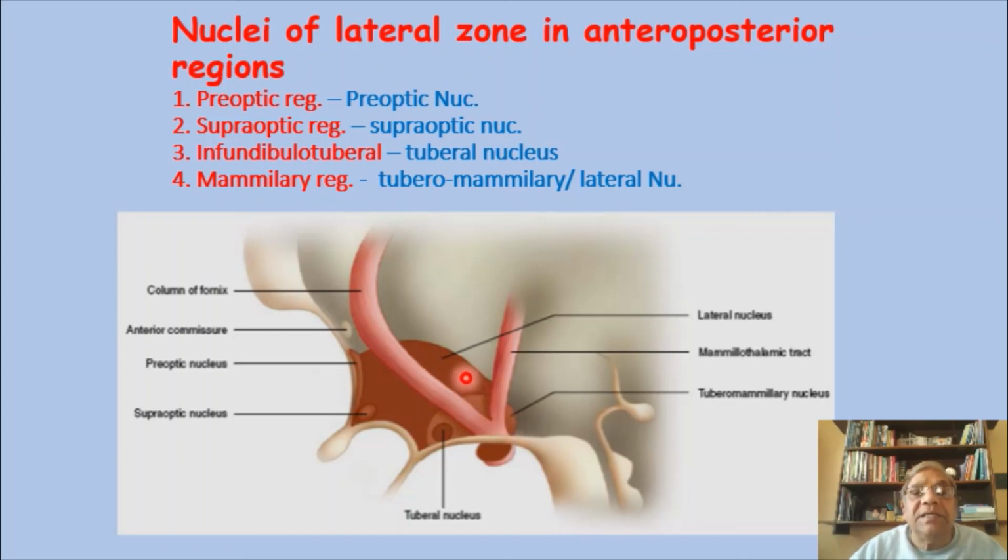Now lastly, this large nucleus extends into the supraoptic, infundibulotuberal and mammillary regions, and it is the most deeply situated nucleus. This nucleus is called the lateral nucleus. It is not only mammillary; it spreads across three zones. This nucleus is involved in eating. One feels hungry and it induces eating.